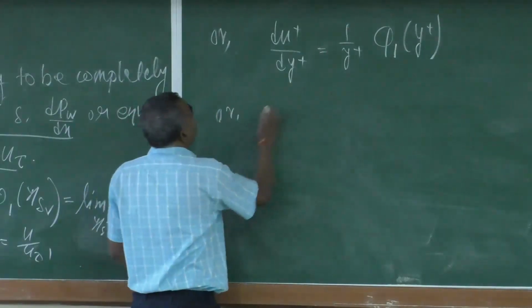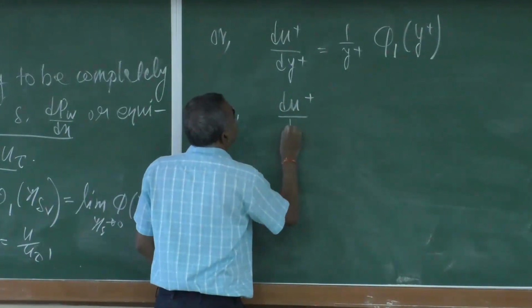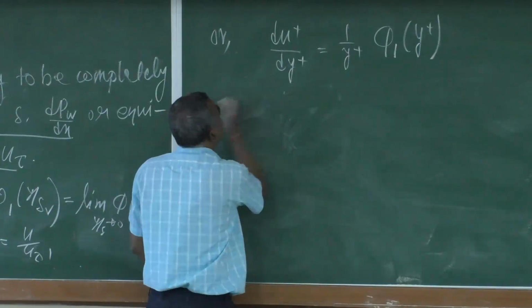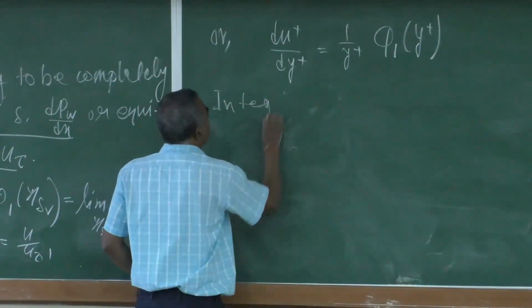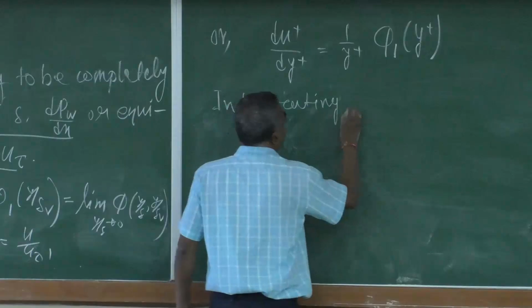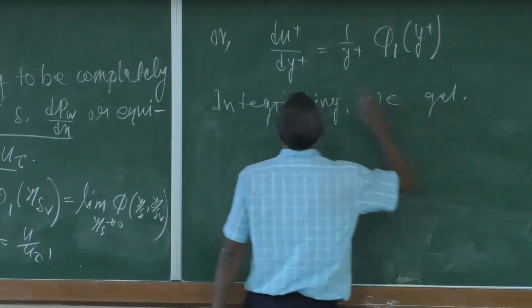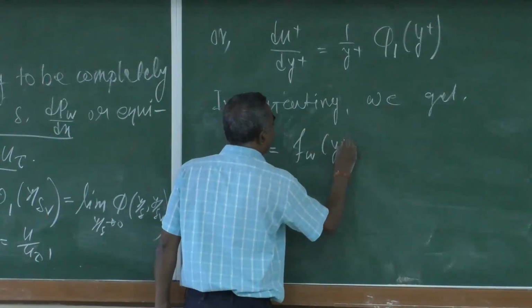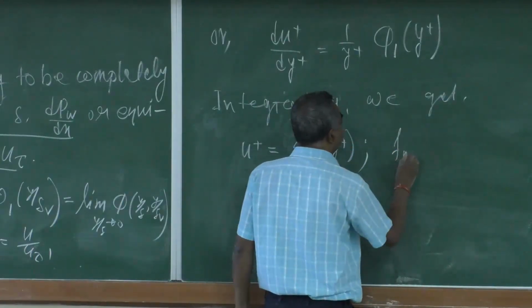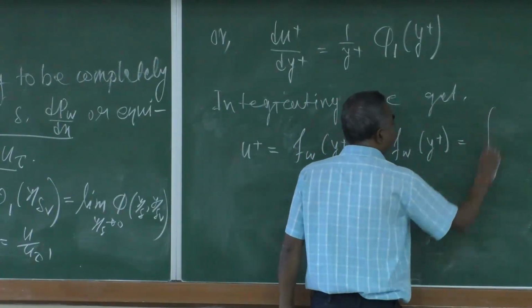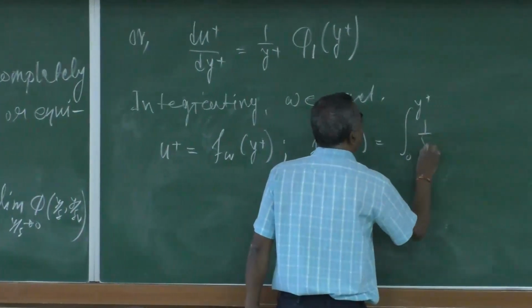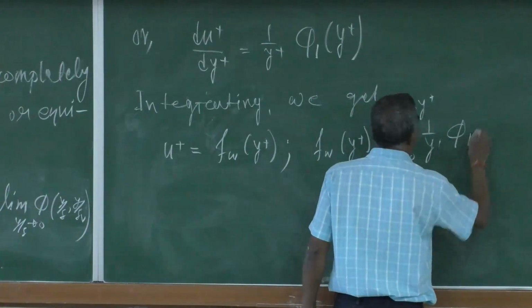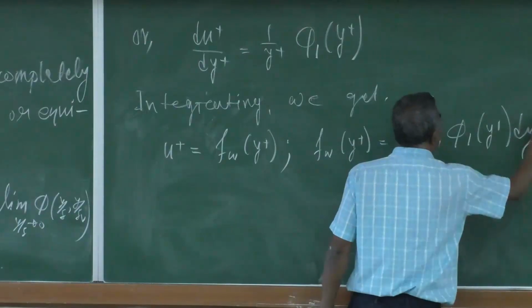Integrating, after integration what we get is u plus equal to f w of y plus, where f w of y plus is nothing but the integral from 0 to y plus of 1 by y dash phi 1 of y dash dy dash.